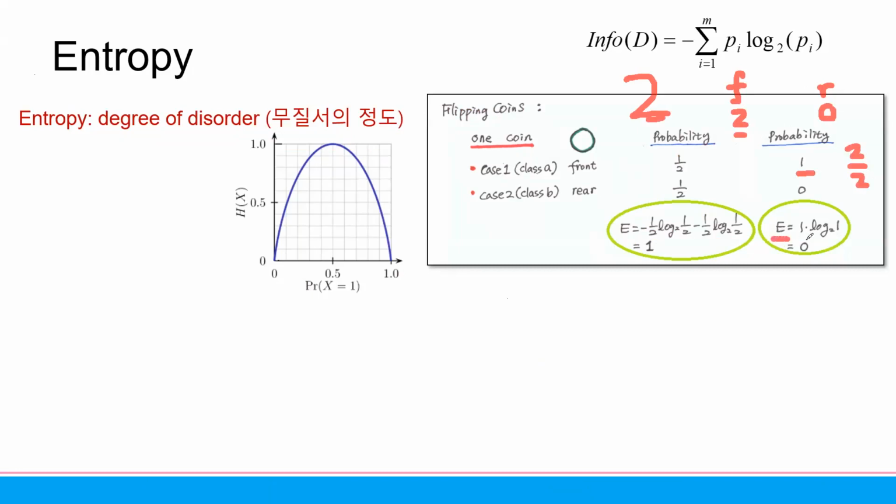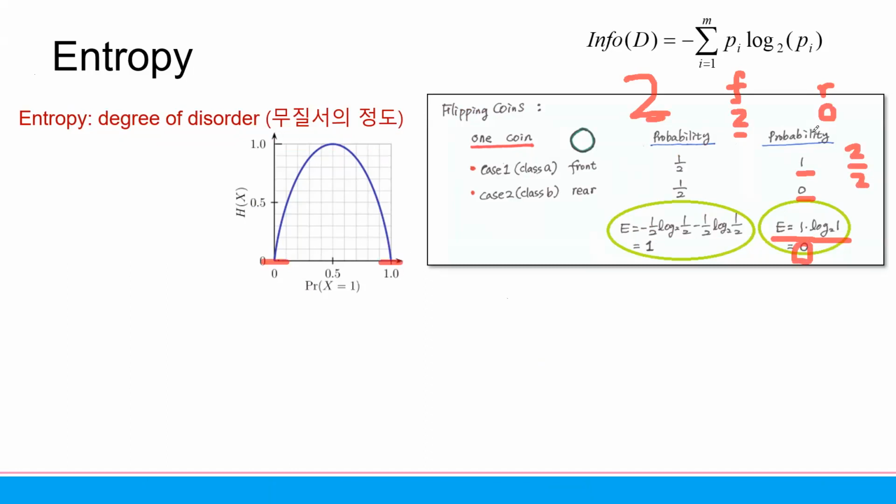Then the entropy value is 1 multiplied by log base 2 1 plus minus 0. Okay, 0 multiplied by any value will be 0. So 1 log base 2 1 is 0. So the result is 0.